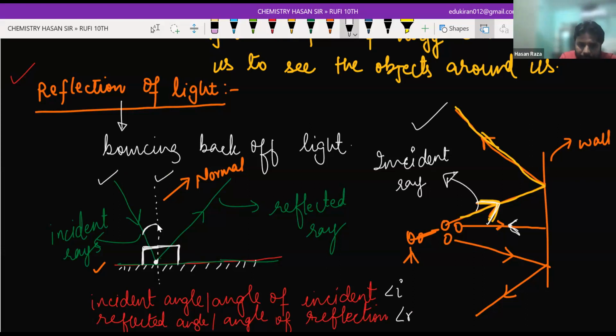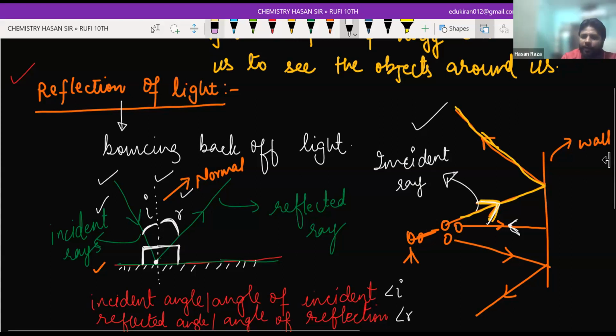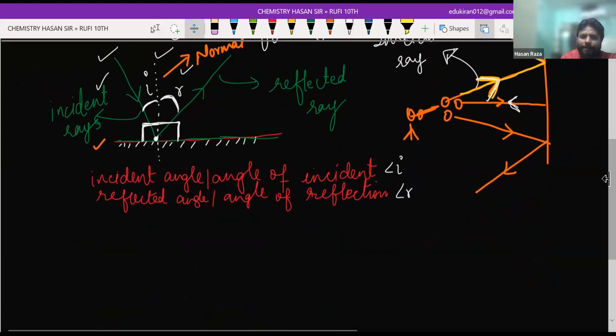So the angle between the normal and the incident ray is called the angle of incidence or incident angle, and the angle between the reflected ray and the normal is called the angle of reflection or reflected angle. Are you getting my point, Rifa? Yes, understood. So basically we can define this, and the concept is very, very important for you.